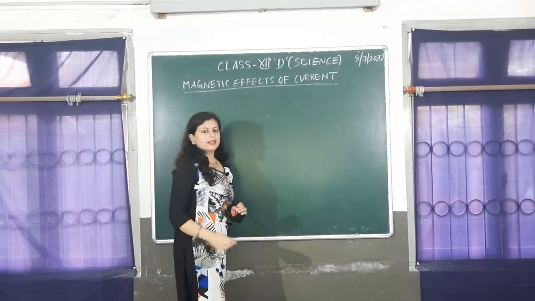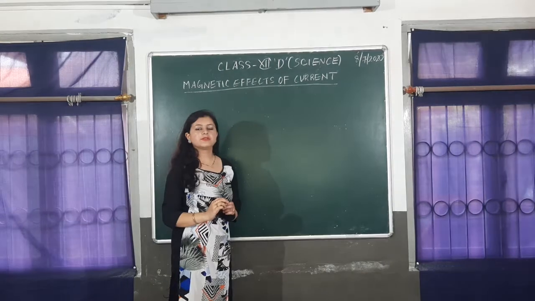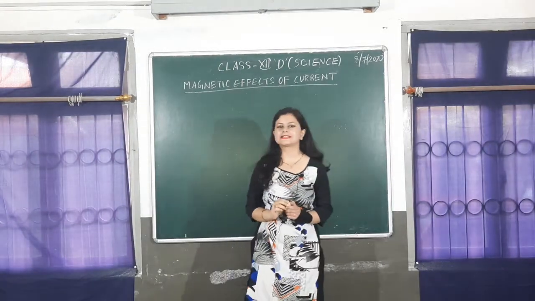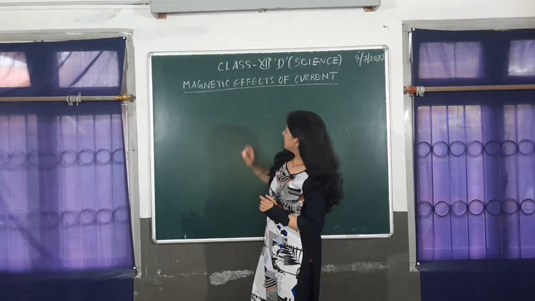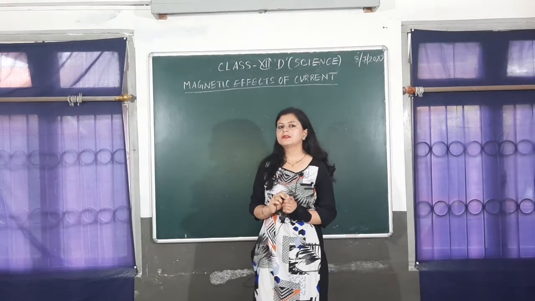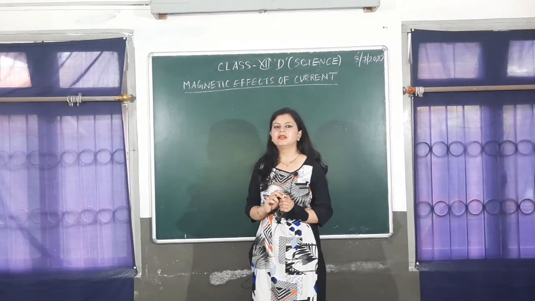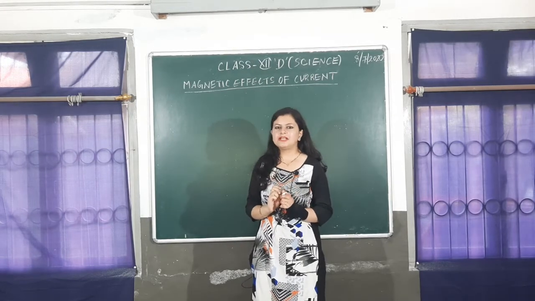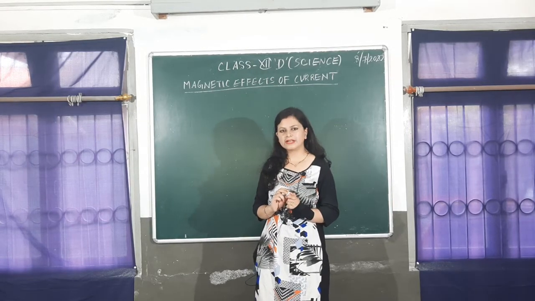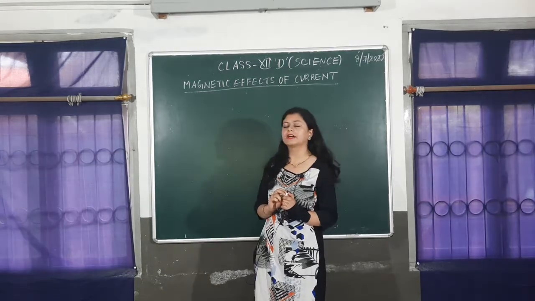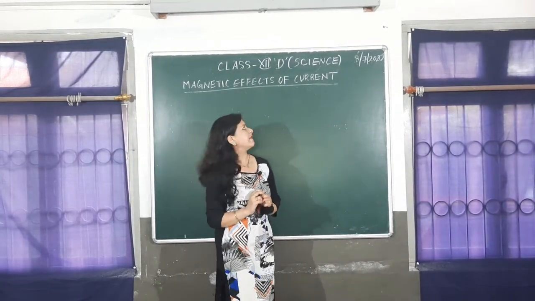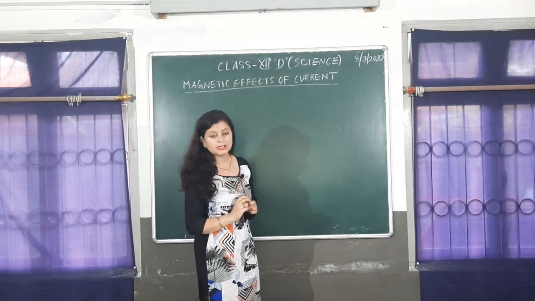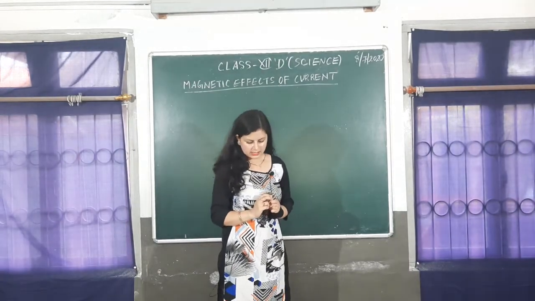Magnetic effects of current is a very simple concept which we have dealt with already in class 10. The concept is that whenever there is a current passing through a conductor, it creates a magnetic field around it. That is called the magnetic effect of current, and the branch of physics that deals with this is called electromagnetism.